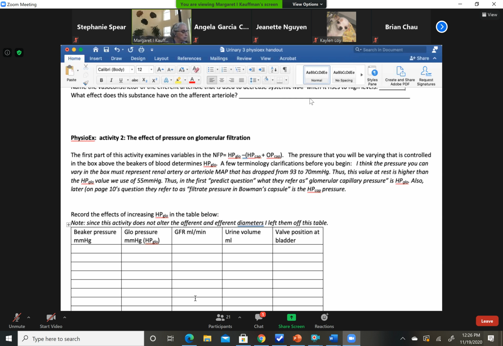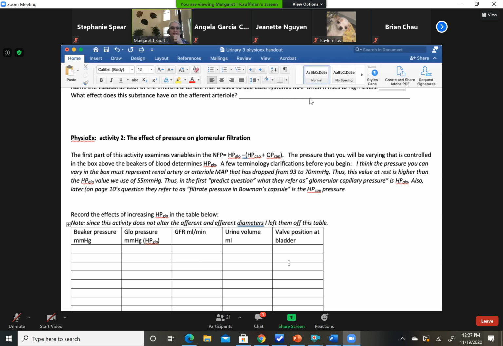Right here, since diameter of the afferent is not changed, it's not shown in this table. Oh, I see. It was just notes to myself. They had more things in your table.